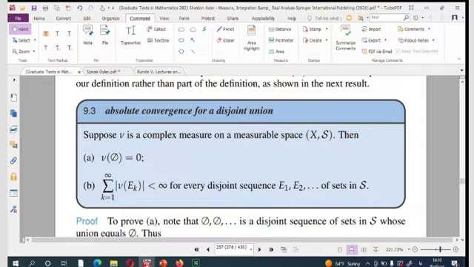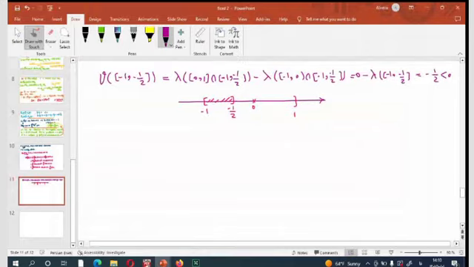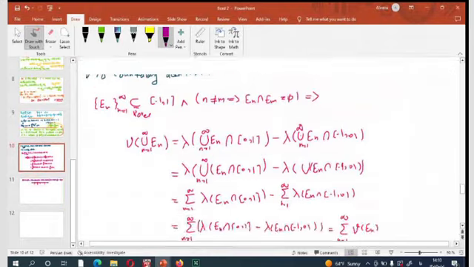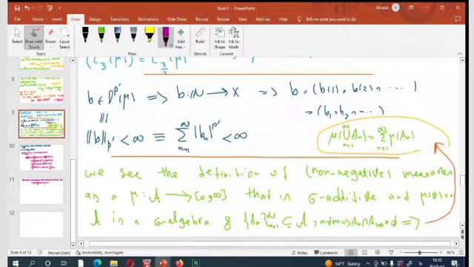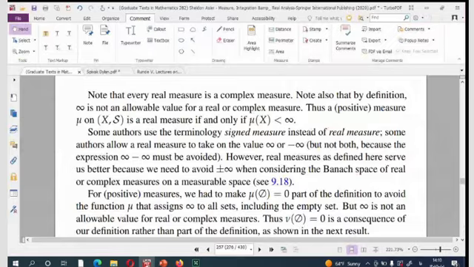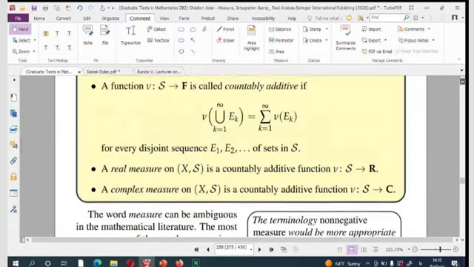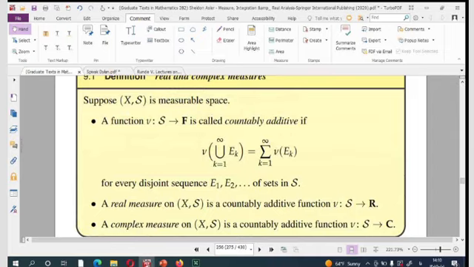This is very nice because for non-negative measures we assume that mu of the empty set must be 0, but for complex measures or real measures we don't assume this condition.